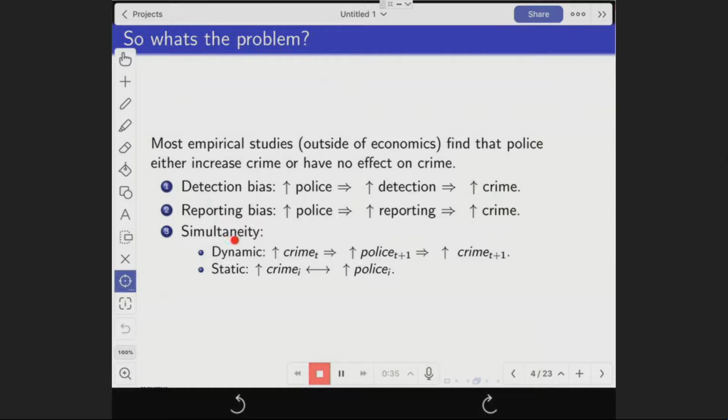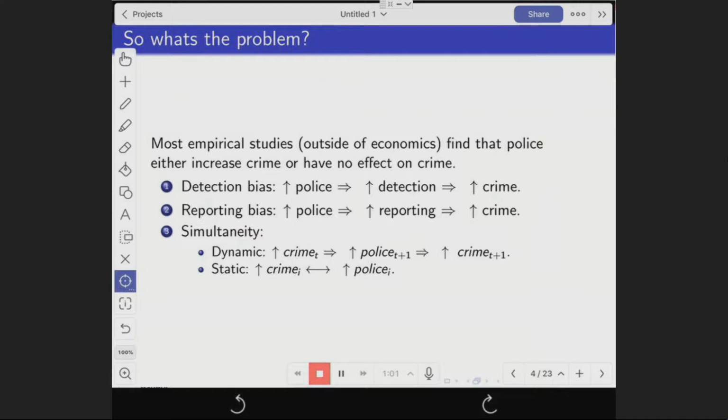And the third problem is called simultaneity, or simultaneous causality. What's the idea here? It comes in two parts. The first part is a dynamic element. What does that mean? Say crime goes up in period T, then in period T plus 1, so it could be a month, 2 months, maybe a year later, the size of the police force expands in response. When the size of the police force goes up, we go back over here to detection and reporting bias.